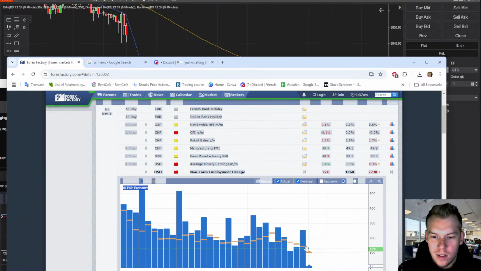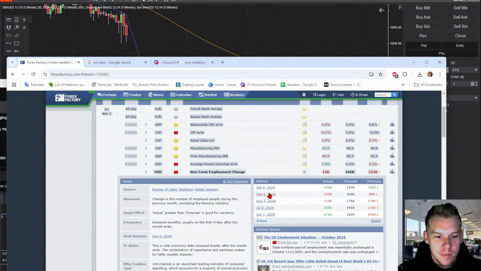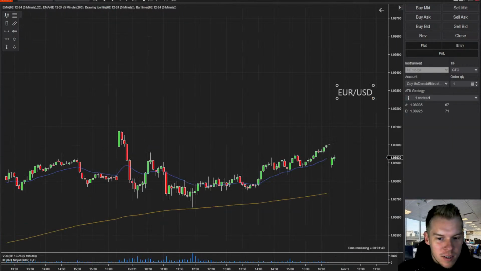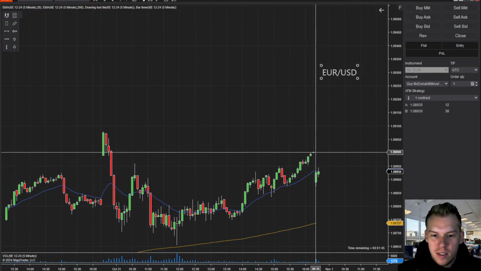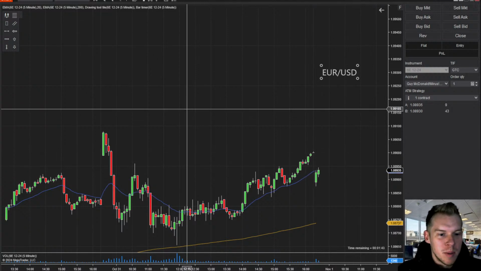So we were forecasting somewhere up here, this yellow, but we actually were down here. So the euro dollar, as we can see, is down a little bit off of that news, from the gap down. Let me pull up the overnight.